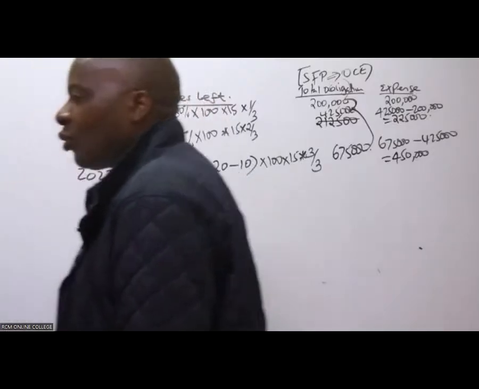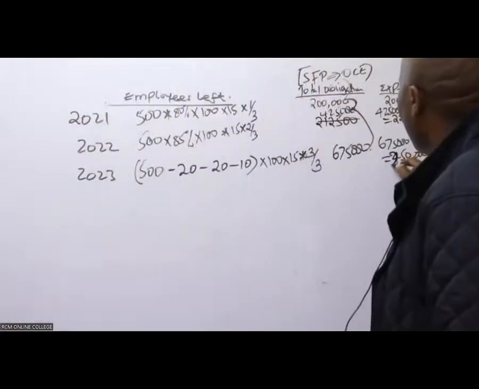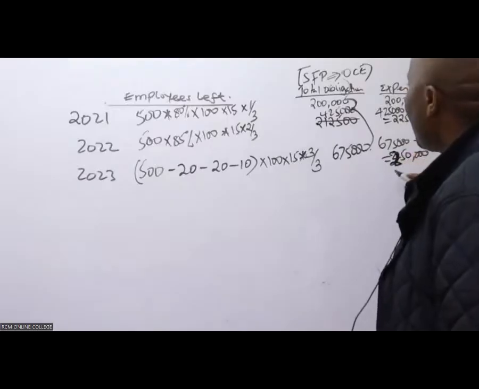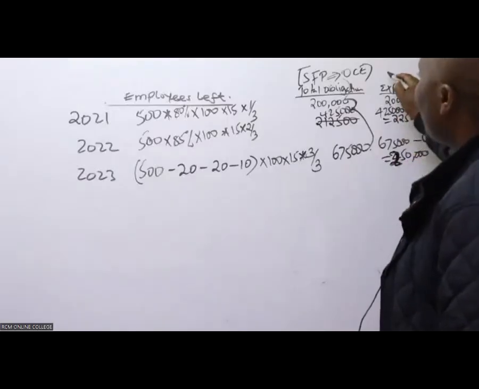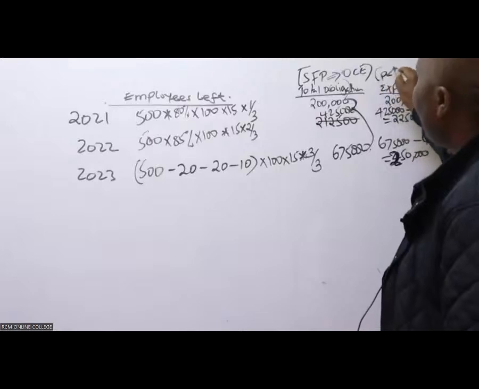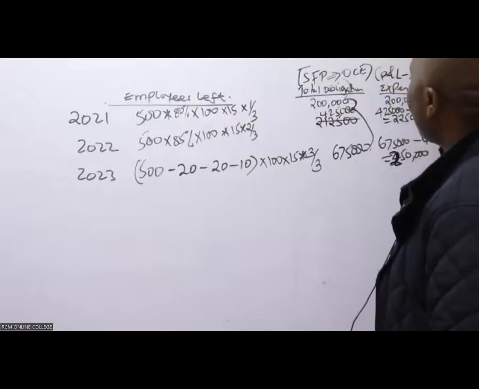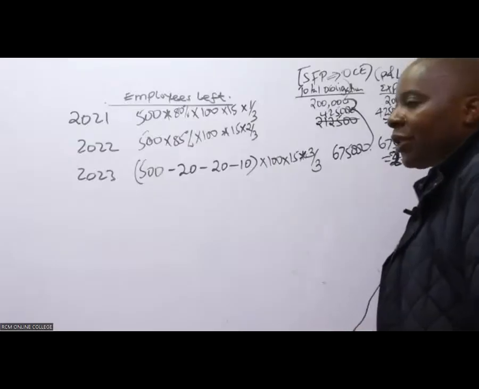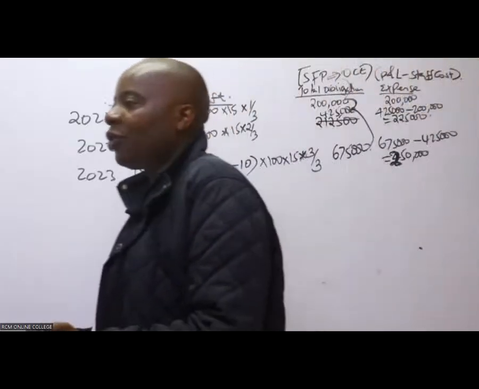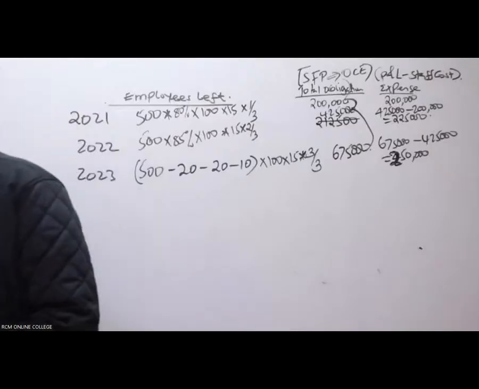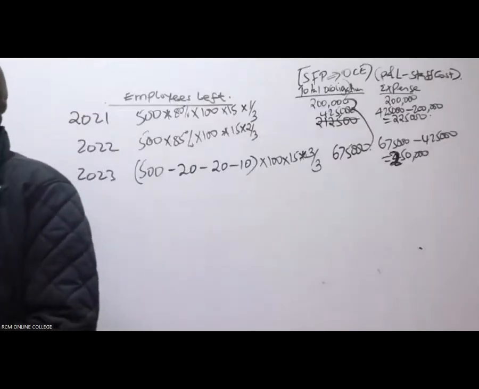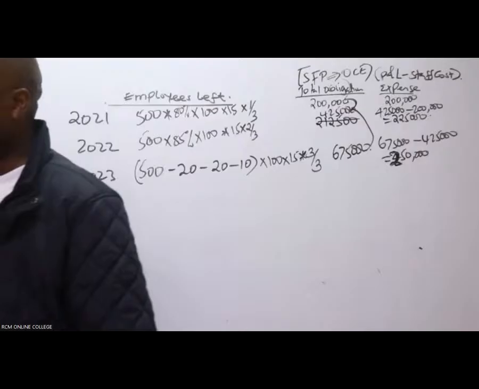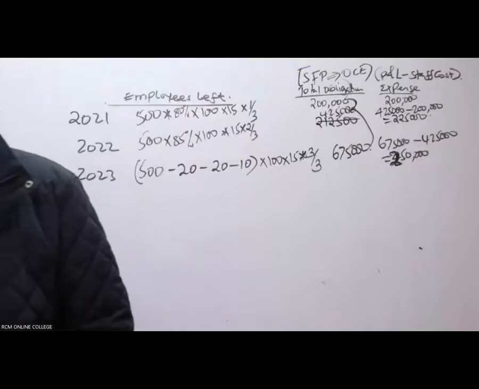I'm being told it's 250,000. And then, of course, this is what I expect to see in the P and L under staff costs.